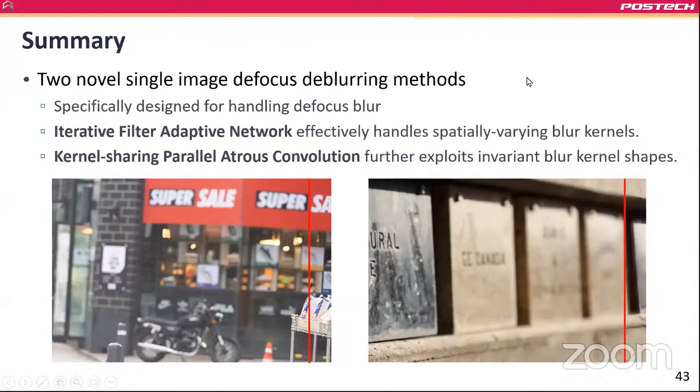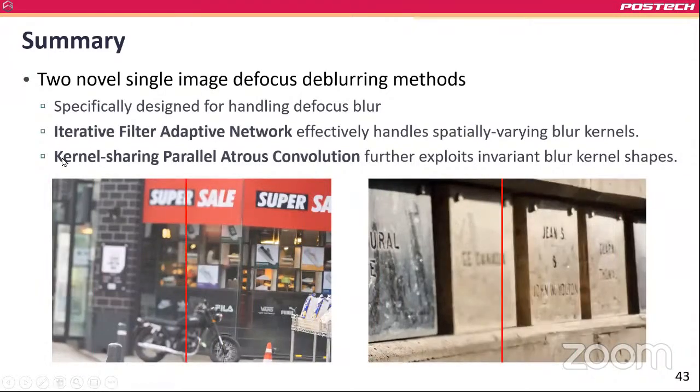Okay, today I introduced two novel single image defocus deblurring methods. The first one is based on the iterative filter adaptive network, and the second one is based on kernel sharing parallel atrous convolution. Both of them can produce an in-focus image, as you can see here.